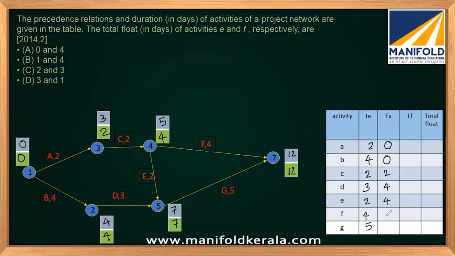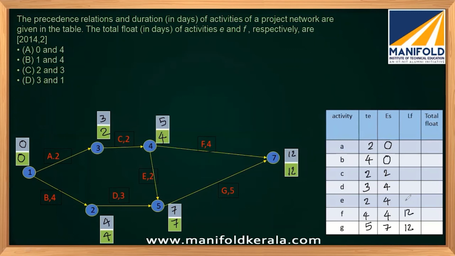For F, 4 is the starting node, and that is 4. And for G, 5 is the starting node, and earliest start time will be 7. And for earliest finishing time, it will be 12. For F, that is also 12, because 7 is the finishing event.